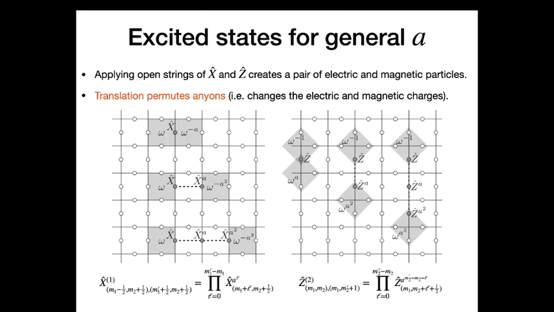So you're saying translation changes you from charge 1 to charge a? Yeah, right. But doesn't translation, if a is not relatively prime to n, then something crazy happens? The particle becomes kind of trivial at some point. Doesn't translation have to preserve the order of the anyon?